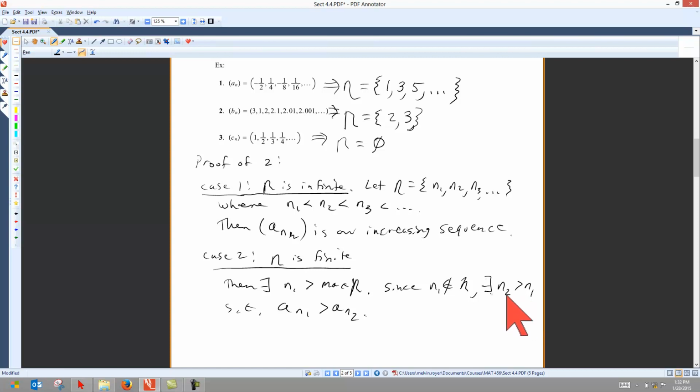Okay, but N1 was already bigger than the max of eta, and so N2, still bigger than that, is not in eta either. So N2 is not in eta, and so I can do it again.